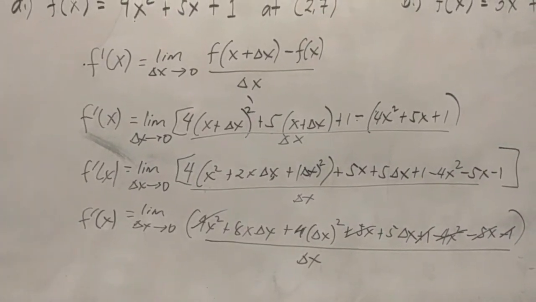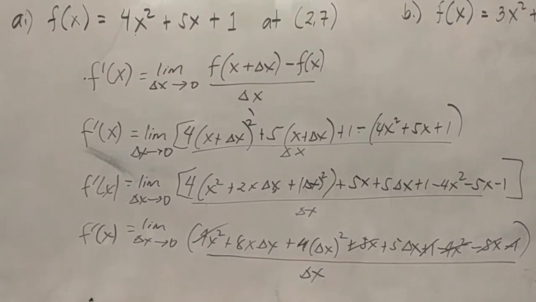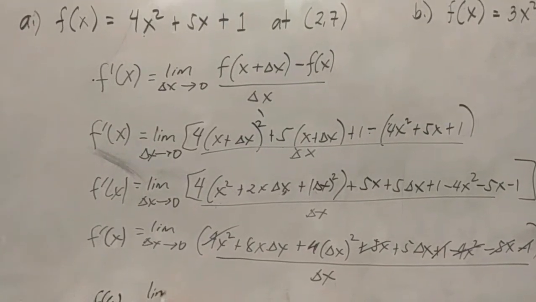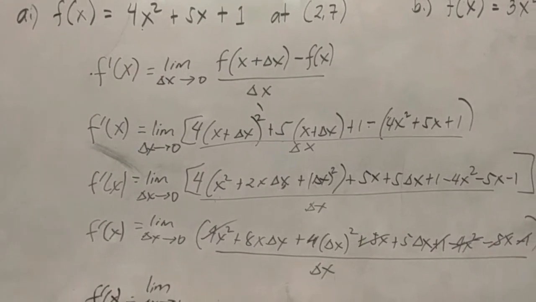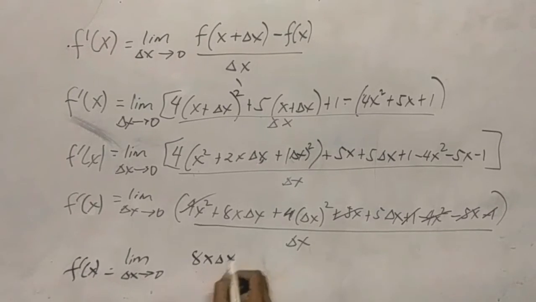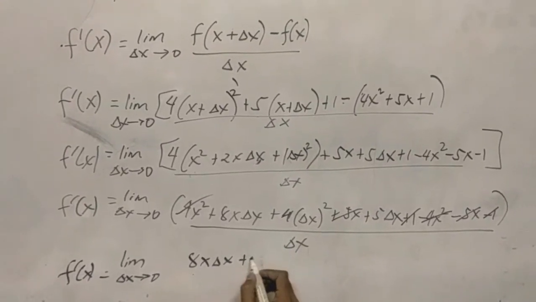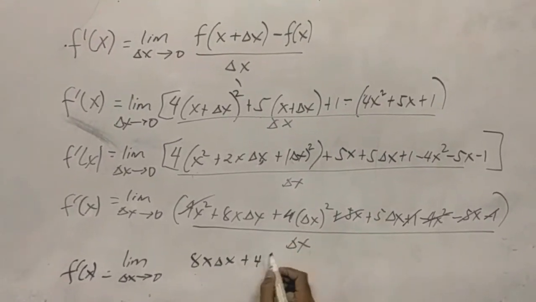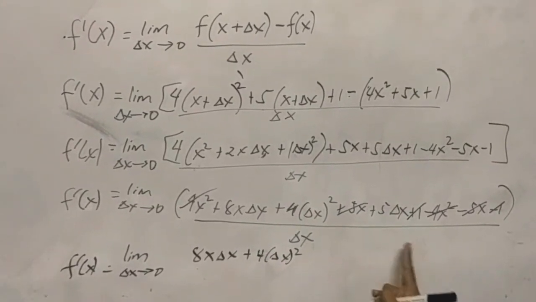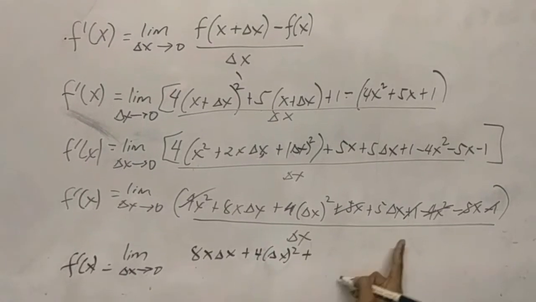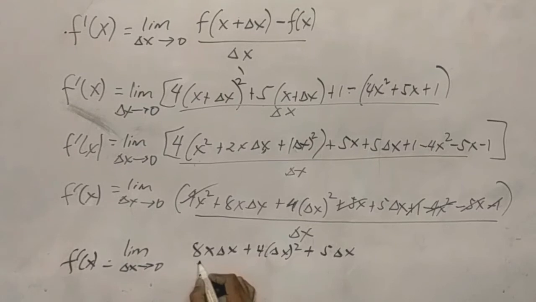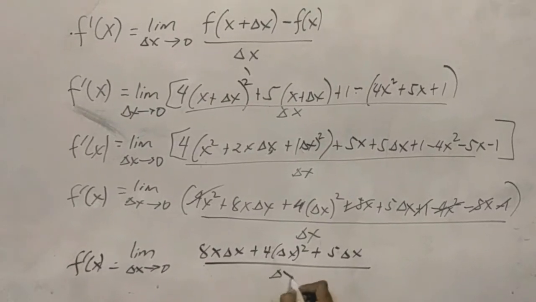Okay, so what remains is, f prime of x is equal to the limit as delta x approaches 0 of 8x delta x plus 4 delta x squared, and then plus 5 delta x. So, that's all. Right? Okay. All over delta x.